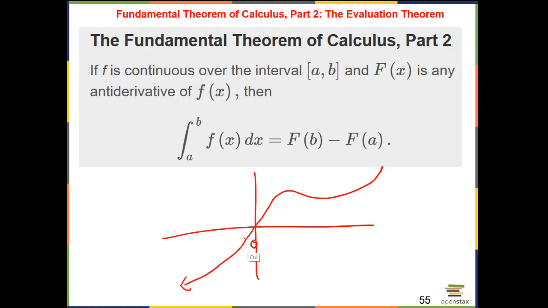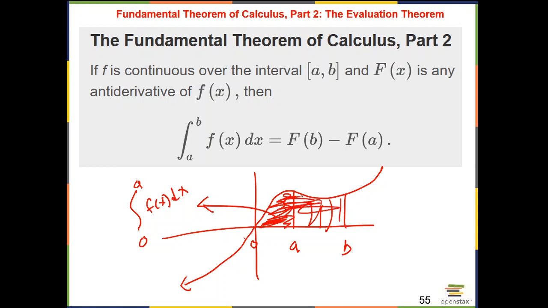If I start from 0, when I go to a, the area from 0 to a would be that much. So this area is nothing but the integral from 0 to a of f of x dx. Now, when I go to b, the whole area right there would be the integral from 0 to b of f of x dx.